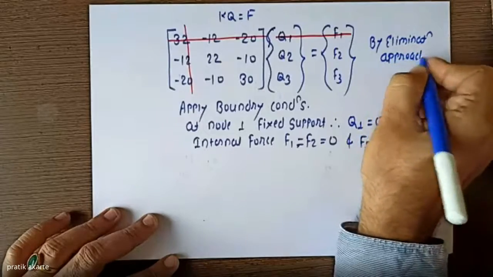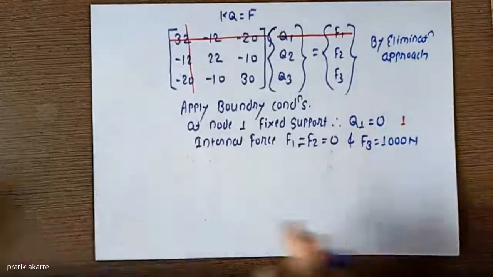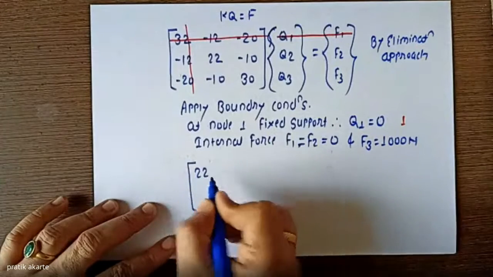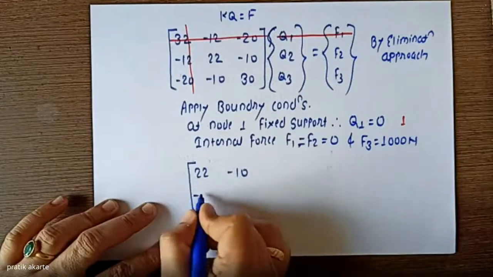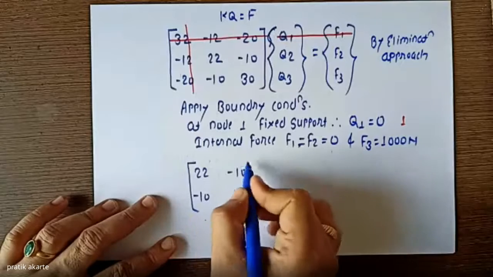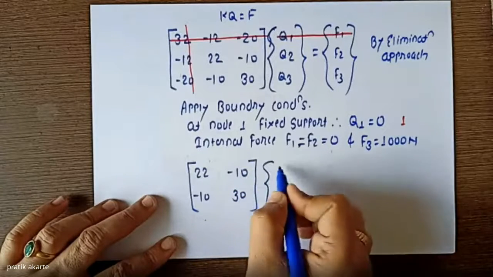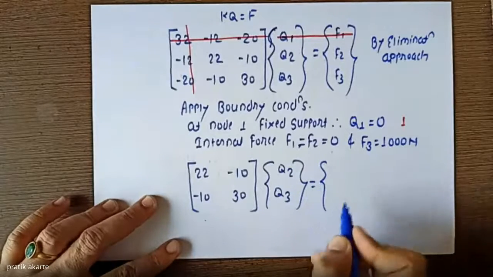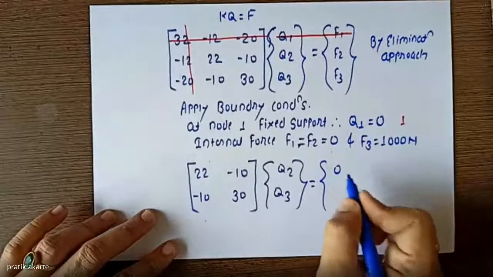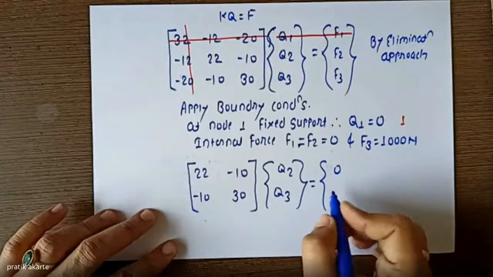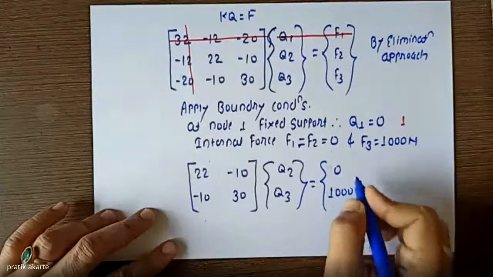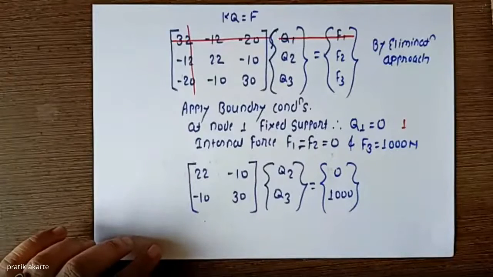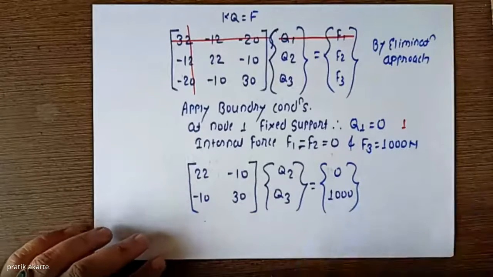Now rewriting this equation, we'll get 22, minus 10, minus 10, 30, times Q2, Q3, equal to 0 and 1000. So we are having two equations and two unknowns. We can solve them simultaneously.